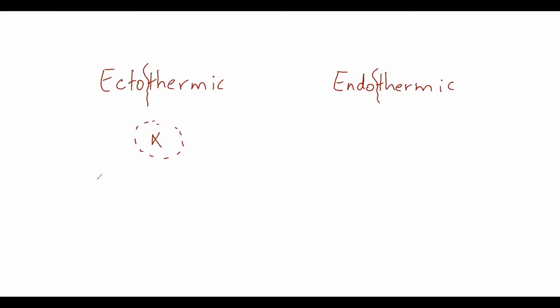All the classes of vertebrates are ectothermic except, so here we have the fish, amphibians, and the reptiles. Their blood temperature changes with the changing of the temperature of their surroundings. Only the birds and mammals are endothermic.